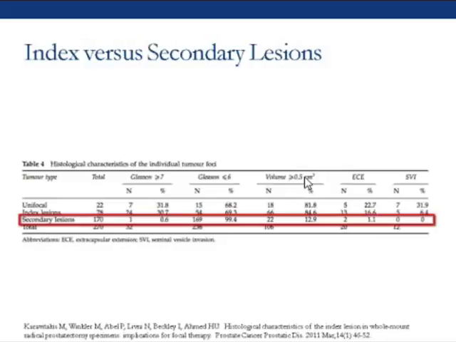In fact, when you look at secondary lesions, the non-index lesions, 99% of those lesions were Gleason score 6 or less, and only 2 of those cases, or 1%, had extracapsular extension. So this is just one example that the index lesion may be not just a theory.